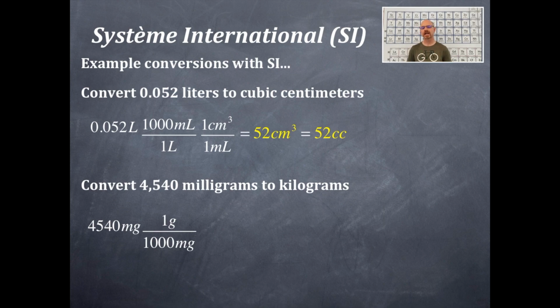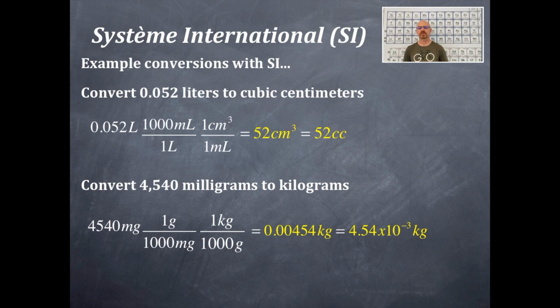But I don't want grams, I want kilograms. So I need to go from grams into kilograms, and here's going from grams into kilograms. And then I get this number right here, which is 4.54 times 10 to the negative 3 kilograms.